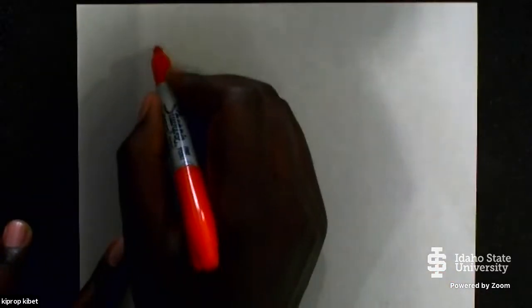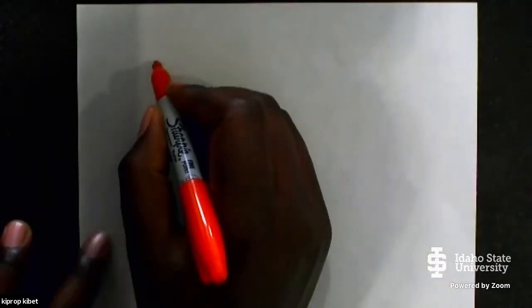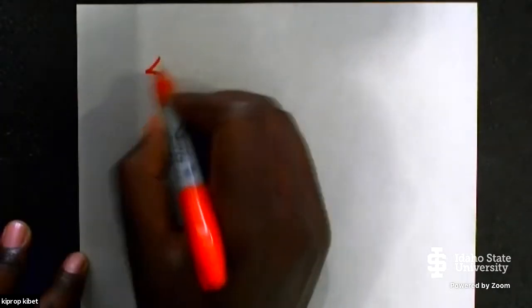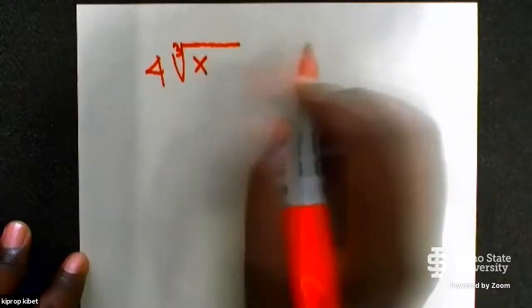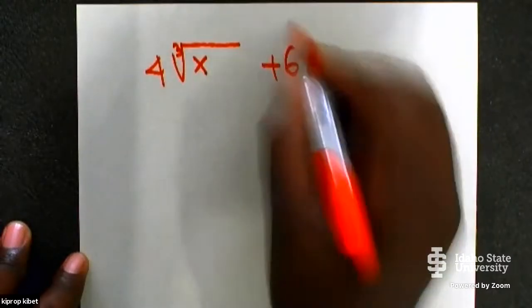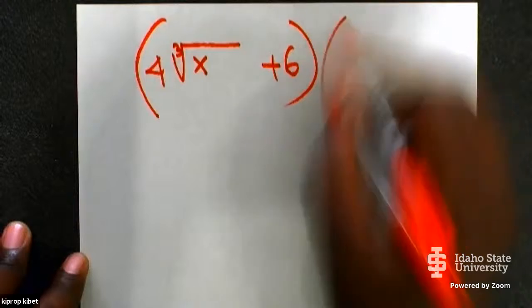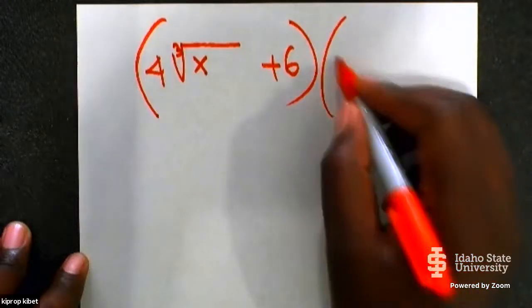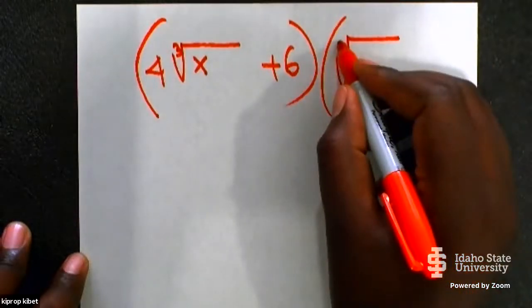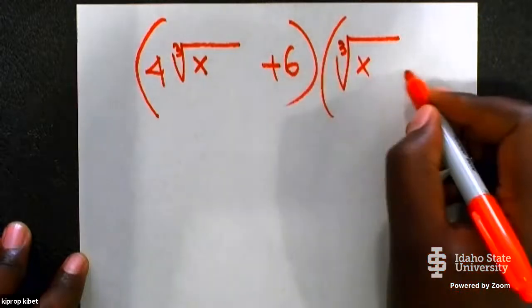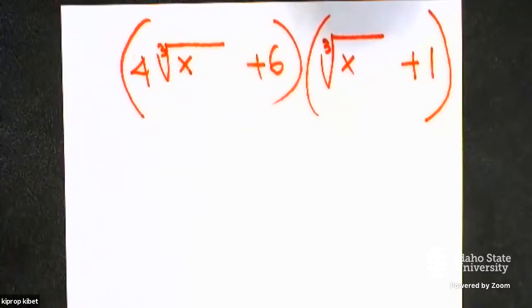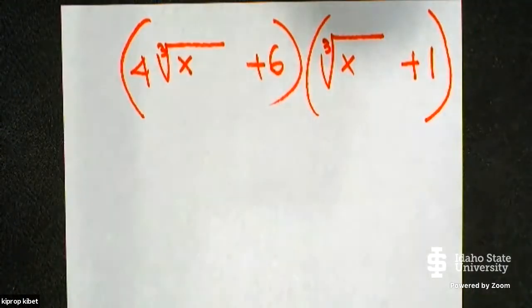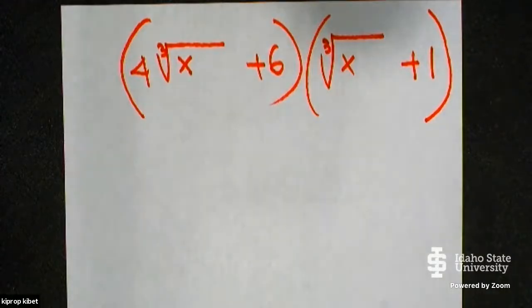For example, simplify 4 the cube root of x plus 6, times 3 the cube root of x plus 1. Now, if you're told to simplify that.